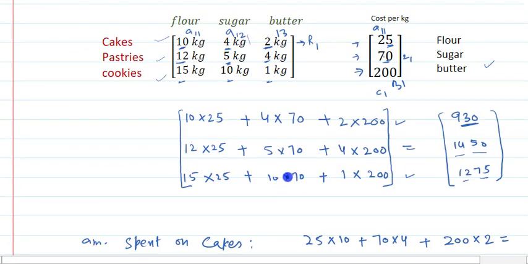Let us have the second observation now. Here we have multiplied the matrix of order 3 by 3 with the matrix of order 3 by 1. Now what is the resultant we are getting over here? We are getting the result as 3 by 1. As the first observation was that the number of columns in the first matrix should be equal to the number of rows in the second matrix, now the resultant is the number of rows in the first matrix by the number of columns in the second matrix.